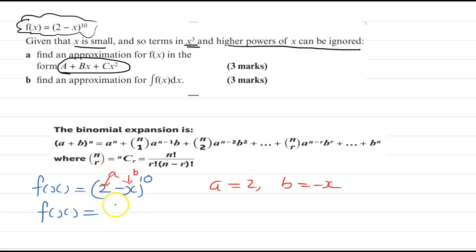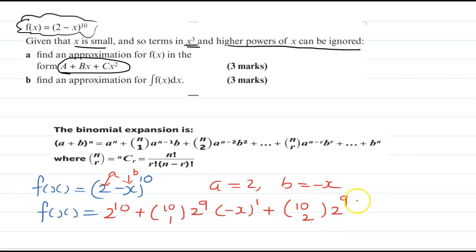So a is 2 to the power 10, plus n is 10, 1, so it is 10 and 1, a^(n-1), so it is 2 to the power 9, and (-x) to the power 1, then nC2, so we write down here 10 and 2, and it is 2 to the power 8 and (-x) to the power 2.